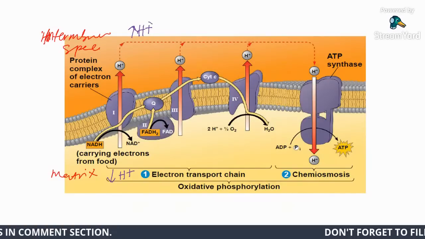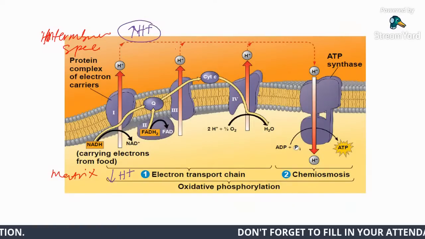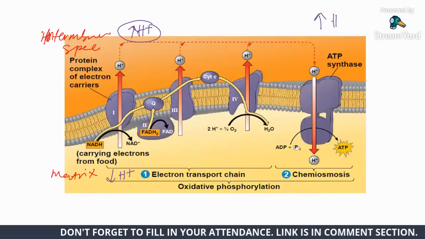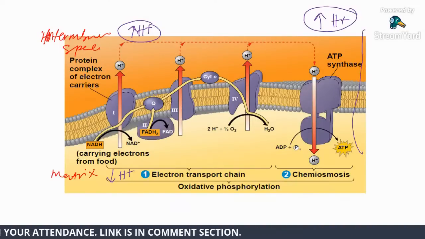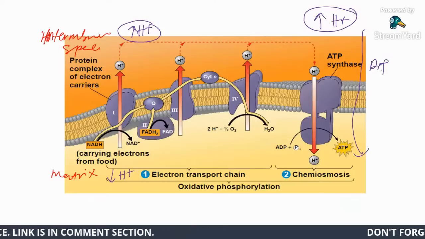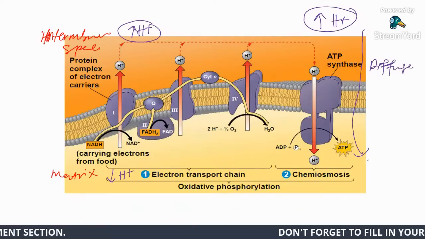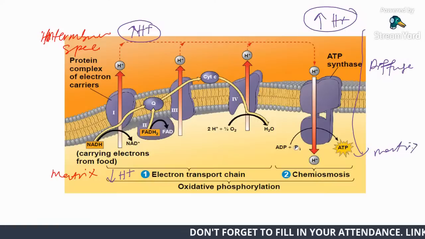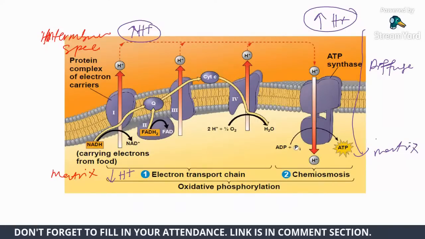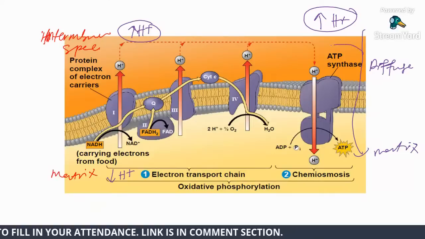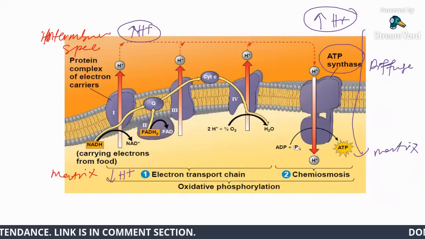So we want to maintain high H+ in the intermembrane space. Why? Because high H+ in the intermembrane space will diffuse into the mitochondrial matrix. Alright, so as H+ diffuses into the matrix, it will move in via ATP synthase.